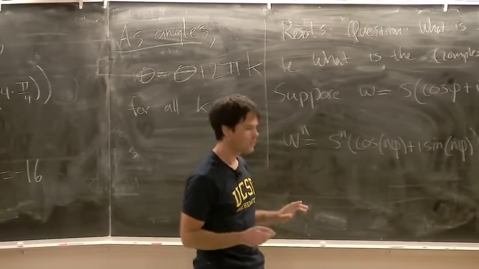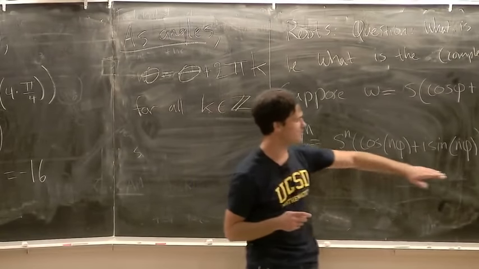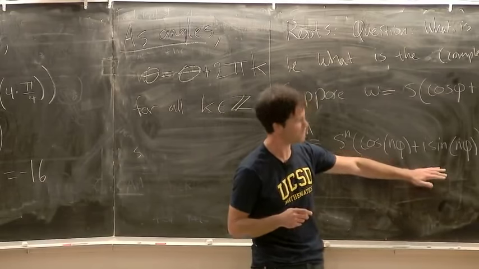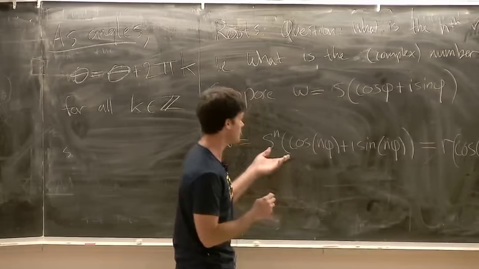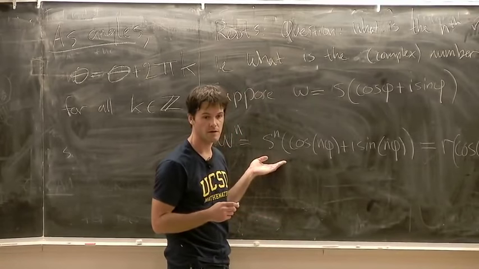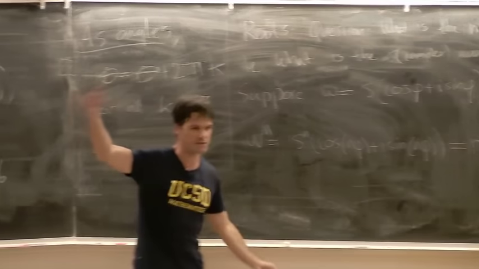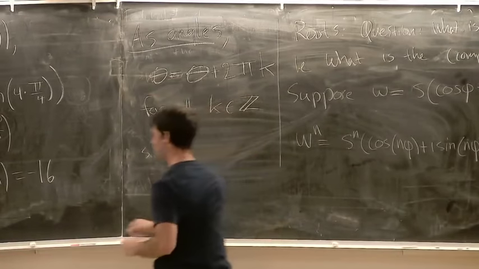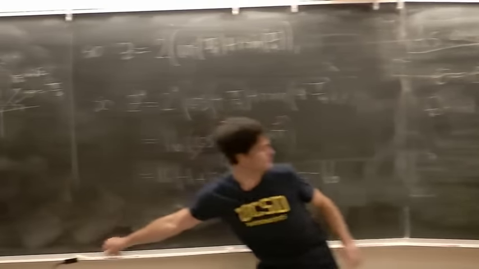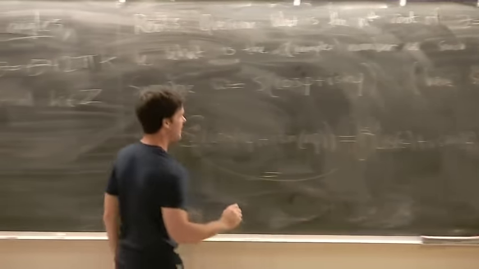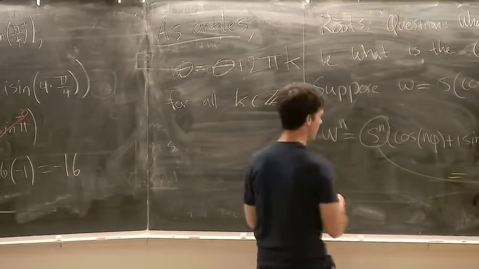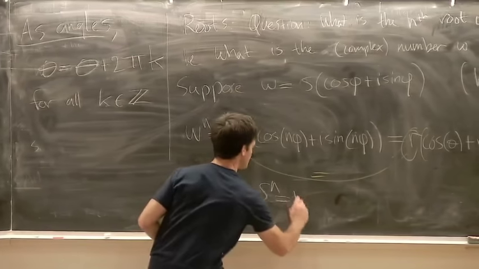Well, the only way this complex number equals this one is if the two magnitudes agree. If they're equal, they're both the same distance from the origin. So s to the n must equal r.